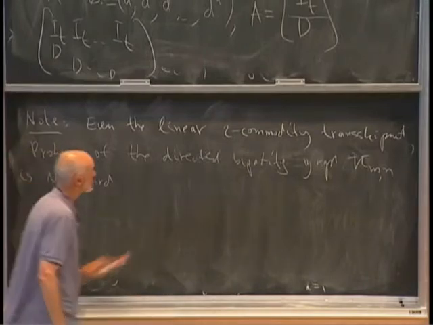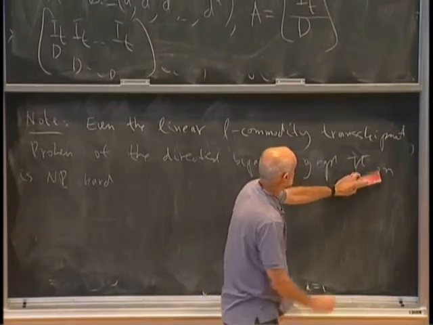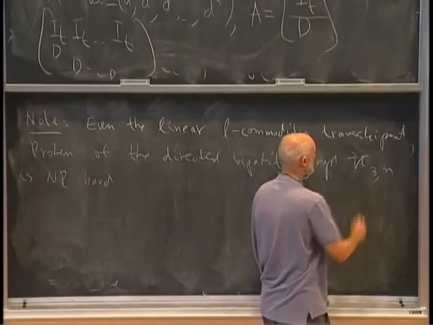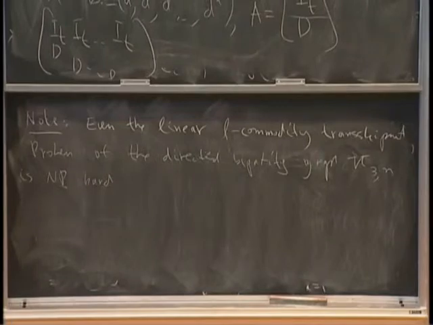Or actually, let me do it a different way. The L commodity transshipment problem on the K3,N bipartite graph is NP hard. That's actually what I want to do here.